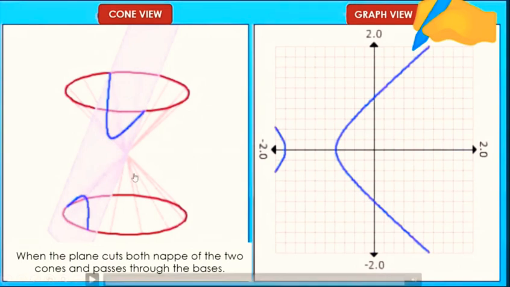Lastly, when the plane cuts both nappes of the two cones and it passes also through the bases of the two cones, observe the figure being formed.